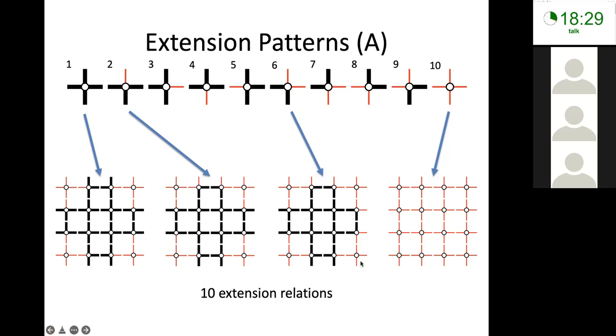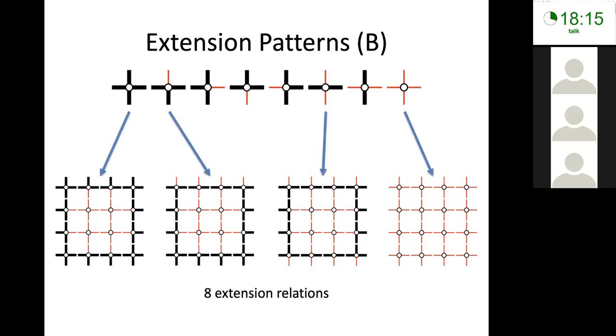This is not restricted only to this type of fractal lattice. It can also be applied to this 4x4 Sierpinski carpet. In this case, we would need 8 types of local tensors to represent the tensor network state, and each of them will again have its own extension pattern.